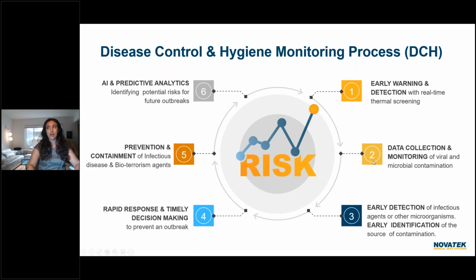Furthermore, DCH focuses on data collection and monitoring of viral and microbial contamination in different areas of risk. So basically personnel and PPE, locations and rooms, as well as critical equipment. We'll talk about that further.